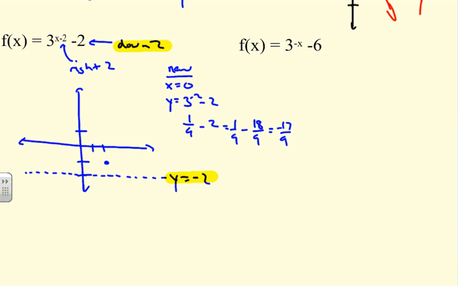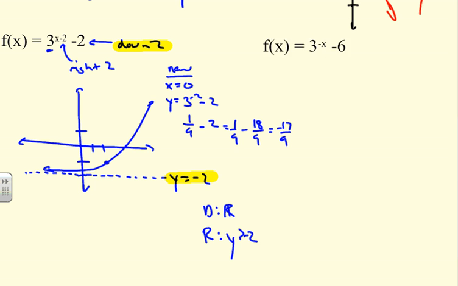So nothing else has changed. This is an increasing function, so we have a graph that would look like this. All right. Domain, all reals. Range, we can see now, y values are going to be greater than negative 2 in this case, because that's where our horizontal asymptote will be.